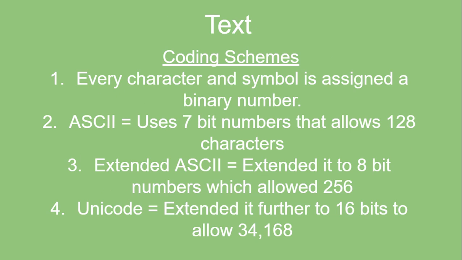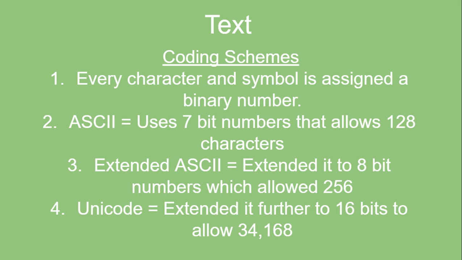So that's fractional numbers. Text, then, is a little bit more complicated. Text uses what's called a coding scheme, and there are actually 3 of them. But basically, the idea is that every single character and symbol is assigned its own binary number. And the monitor is hardwired to read the binary number and know what letter to put on the screen.